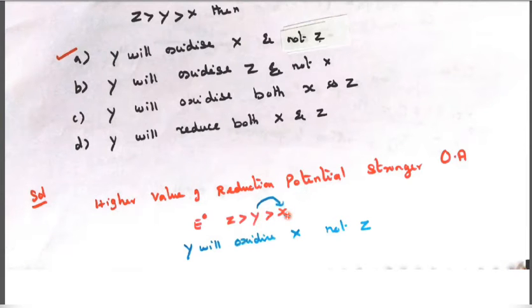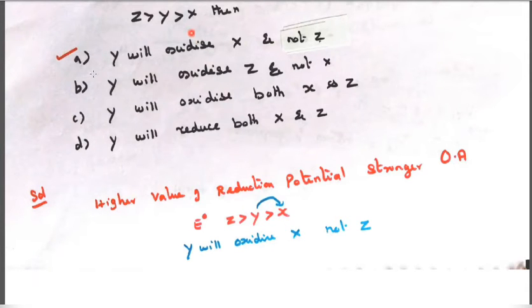Y can oxidize X, but Y cannot oxidize Z because Z has a higher reduction potential. Z can oxidize Y and X, but only the one with higher reduction potential can oxidize.